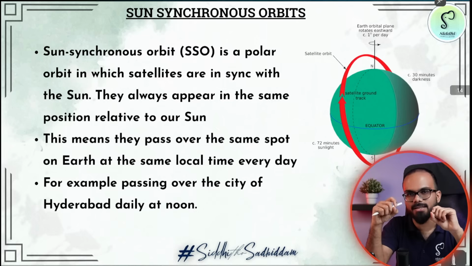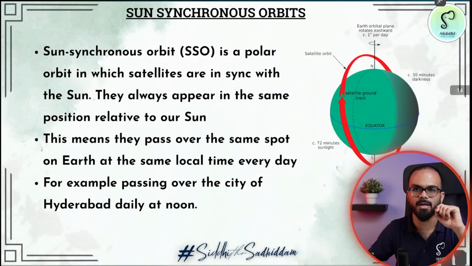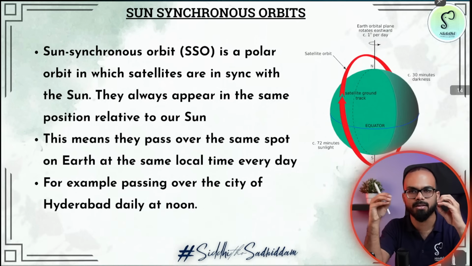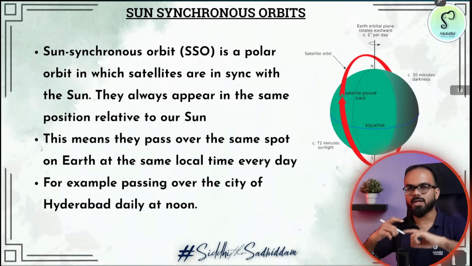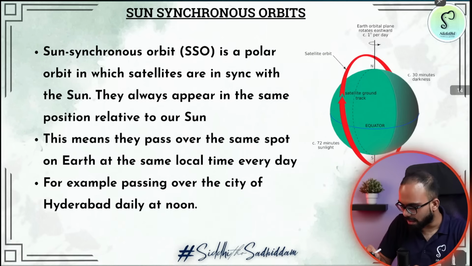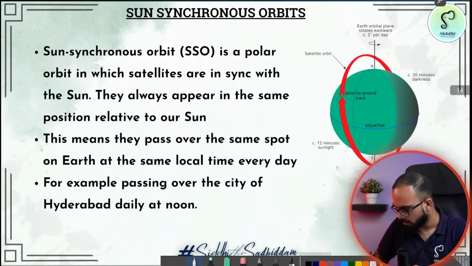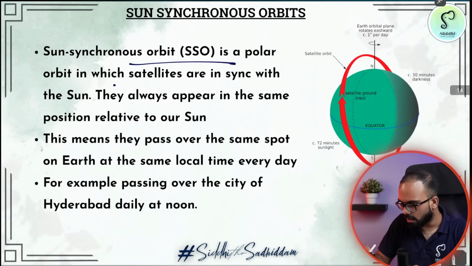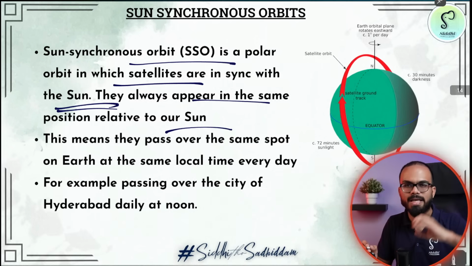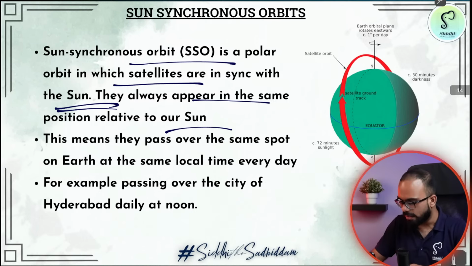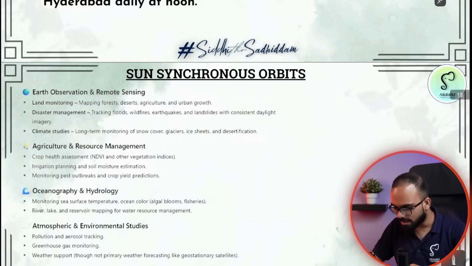If daylight is more than enough and you don't want the satellite to work much in the darkness, for such satellites we use sun synchronous orbit. Sun synchronous orbits are orbits where the satellites are in sync with the sun and their position is always the same with respect to the sun. So such orbits are called sun synchronous orbits.